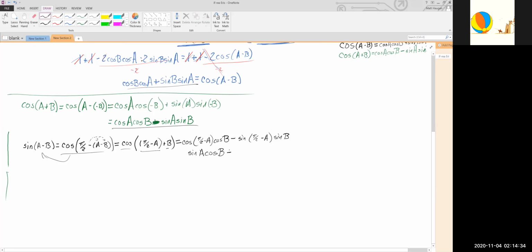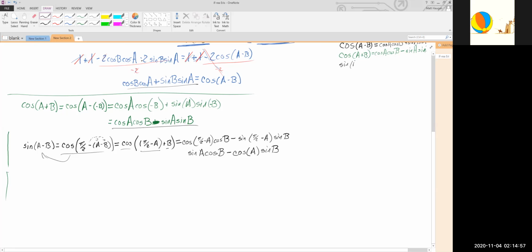You might have to go look up your cofunction identities, but it is a nice manipulation. And then our cofunction identity for the sine here means that this is equal to the cosine of a times the sine of b. So awesome, another new tool.